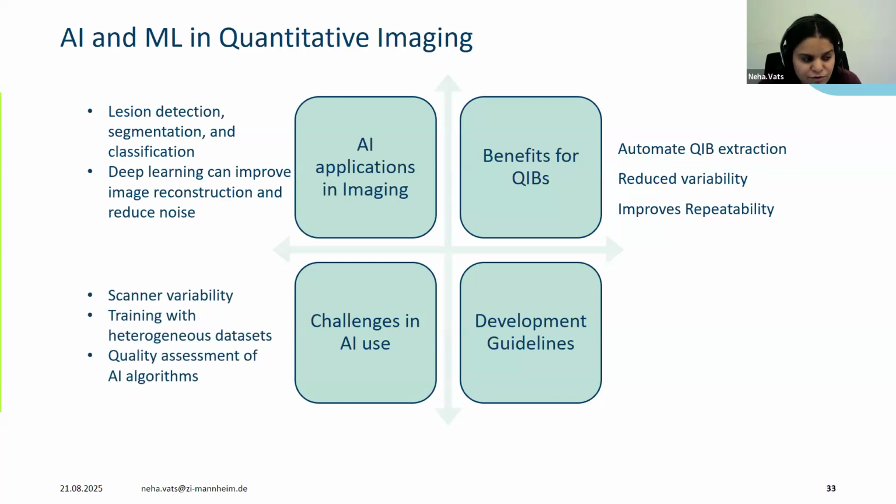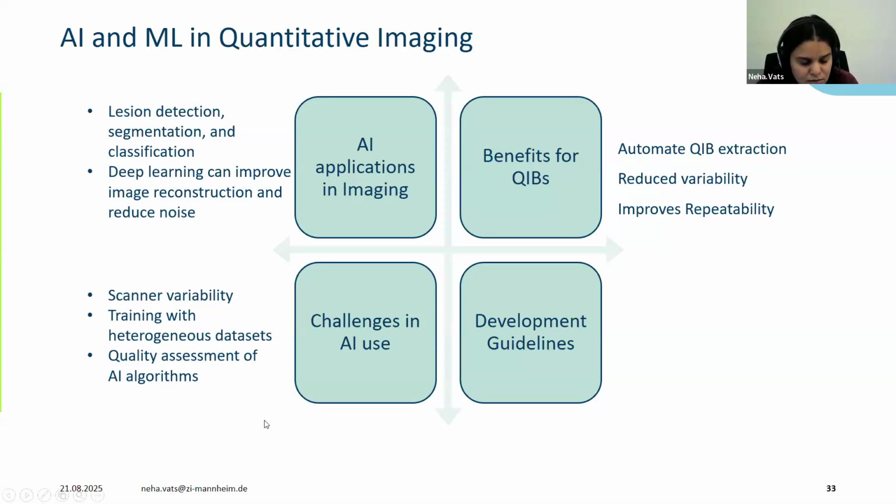The challenges that we face when we use AI in this area are scanner variability, because GE, Siemens, and everyone has their own protocols, and even if you use one vendor like GE and go to different centers, there is still variability introduced. Another is training with a heterogeneous data set.